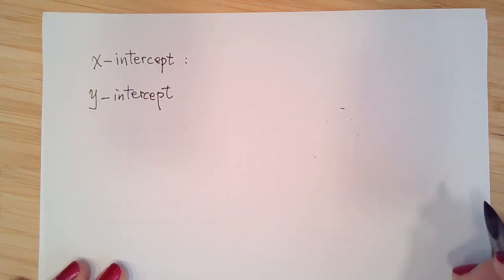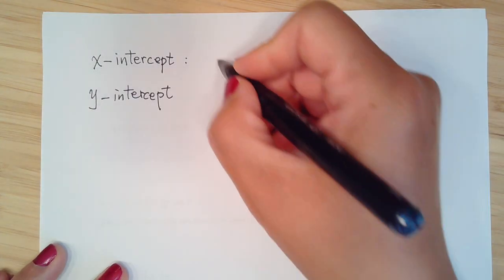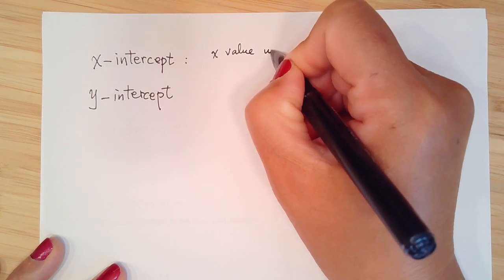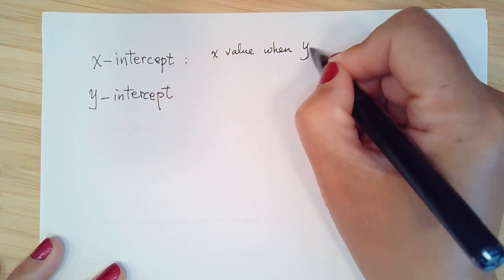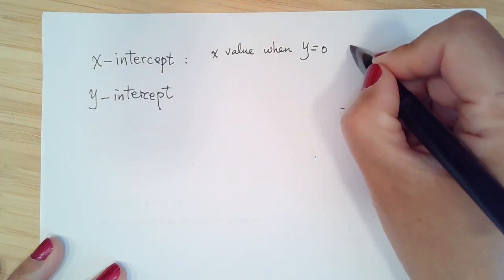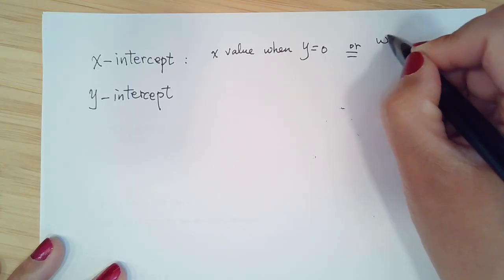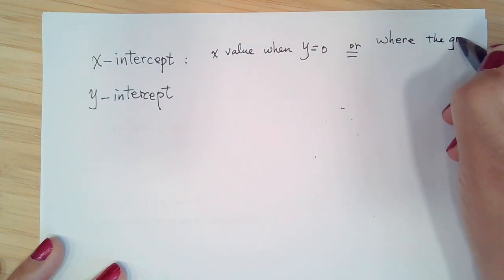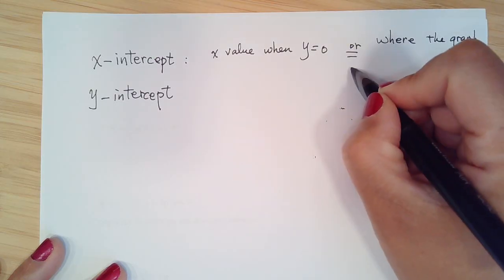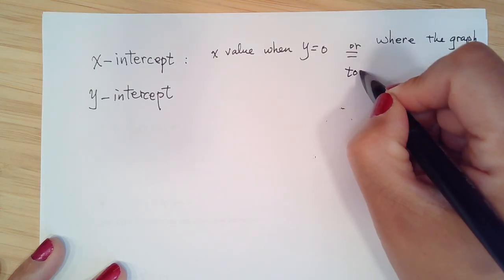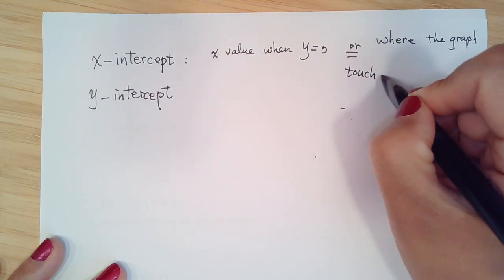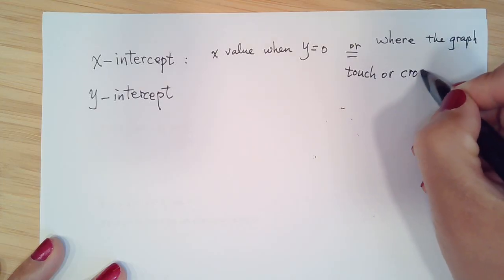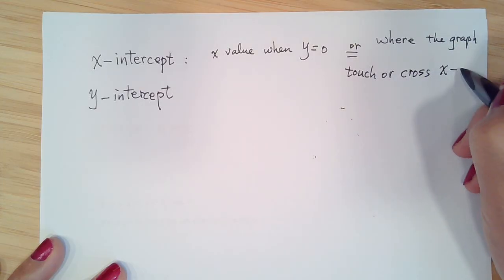Remember this: the x-intercept is an x value when y equals 0, or where the graph touches or crosses the x-axis.